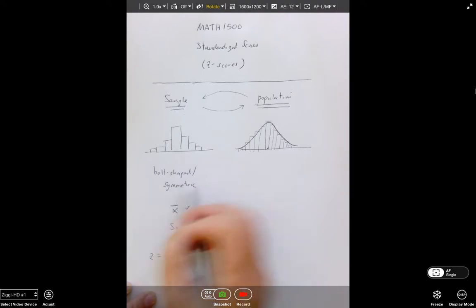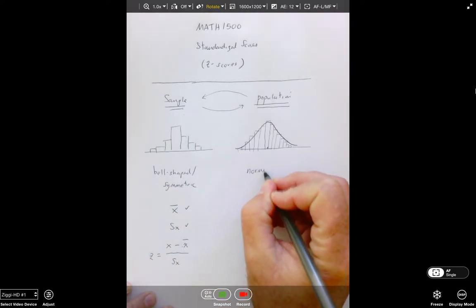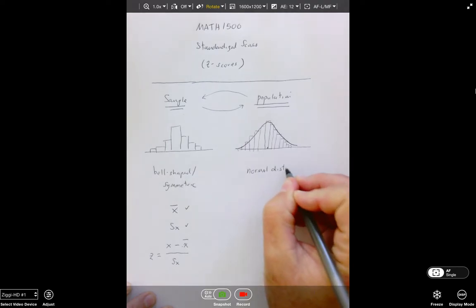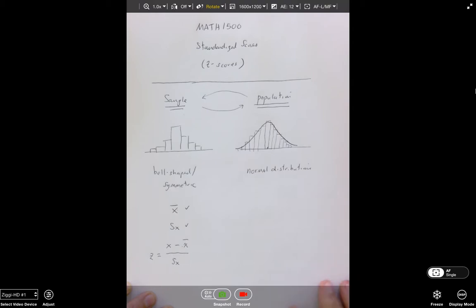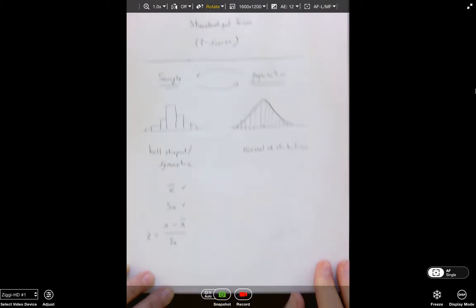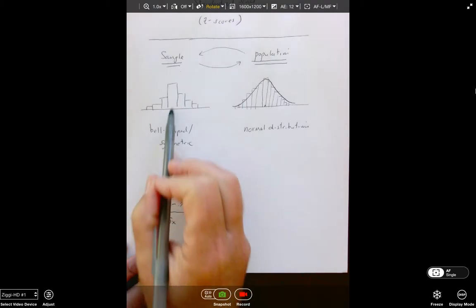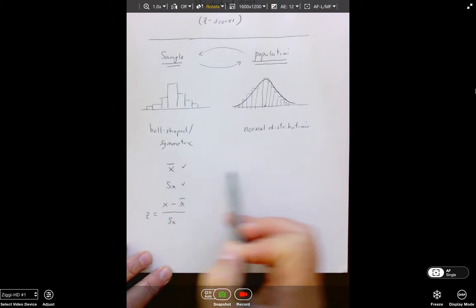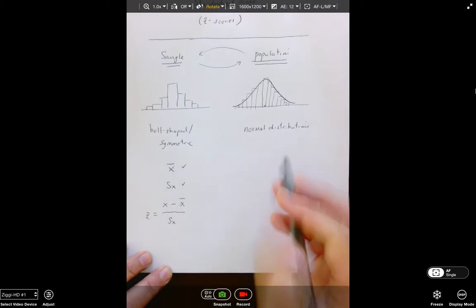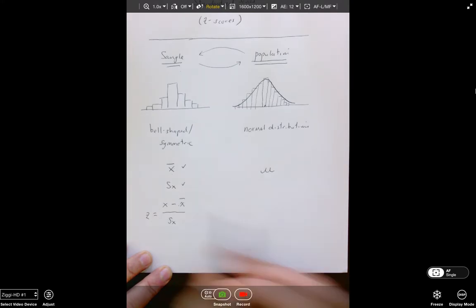Now, instead of bell-shaped and symmetric being loosely defined over here, what we call this in statistics is a normal distribution. Just as you would think, if x bar is the best measure of center for a bell-shaped and symmetric distribution, then the corresponding mean, which is mu, would be the best measure of center for the normal distribution.